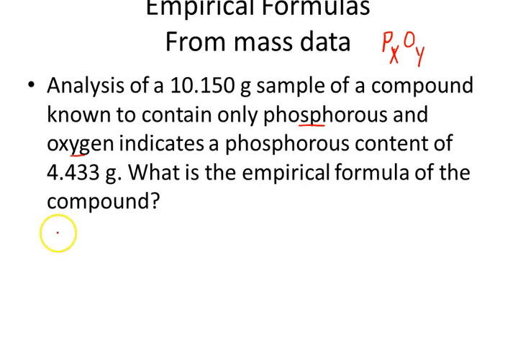We start with 4.433 grams of phosphorus, and since we have 10.150 grams minus the 4.433, that means we have 5.717 grams of oxygen present.